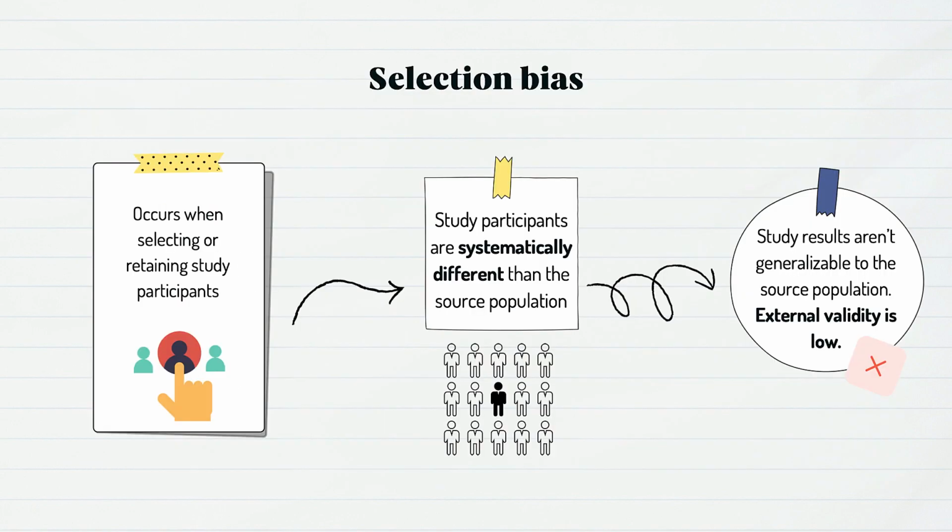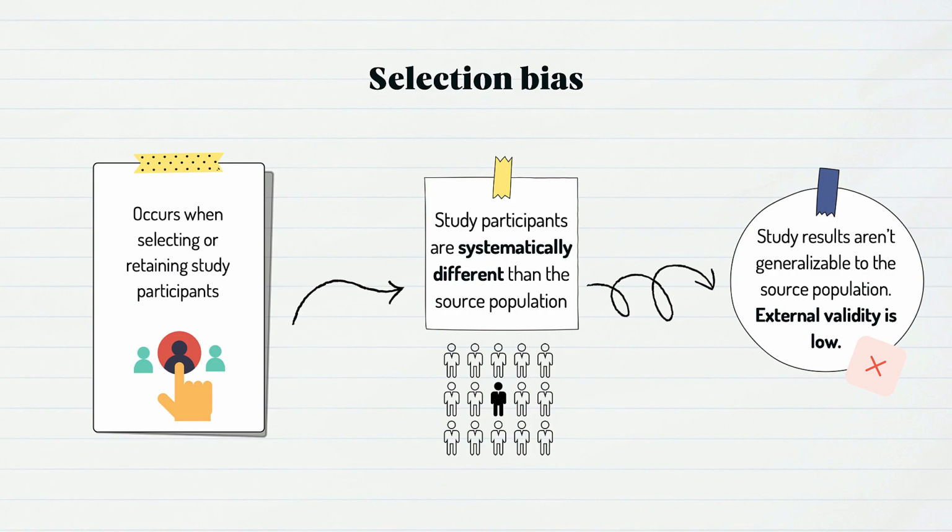Selection bias can happen not only when selecting participants, but retaining them, as in the case of follow-up studies where you need to contact participants over and over again. If the people who are selected or retained are systematically different than the source population, then you have selection bias. For example, maybe the people who volunteer to be part of the study or who decide to stay in the study, if it's a follow-up study, are more health conscious.